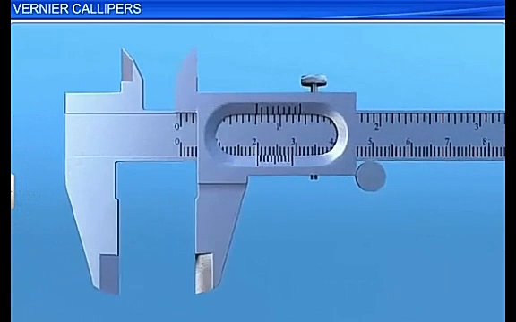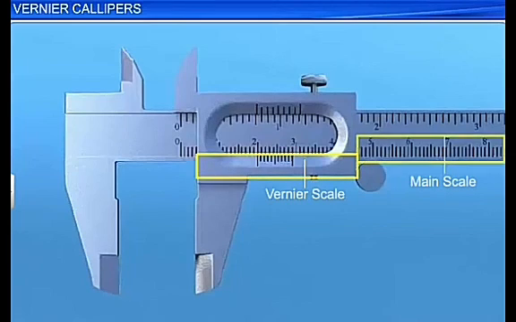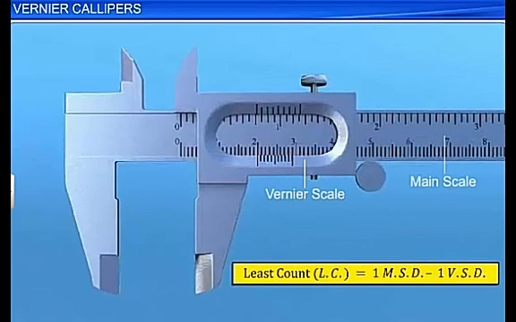Thus, the least count of the vernier calipers is equal to the difference between the values of one division on the main scale and one division on the vernier scale. That is, least count is equal to 1 MSD minus 1 VSD. The least count of vernier calipers is known as the vernier constant.